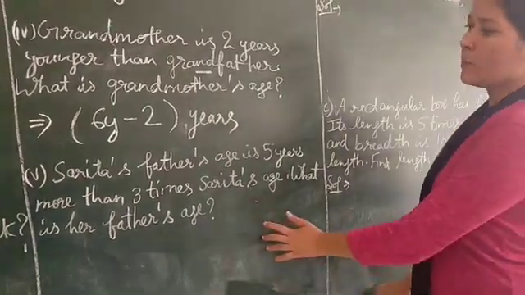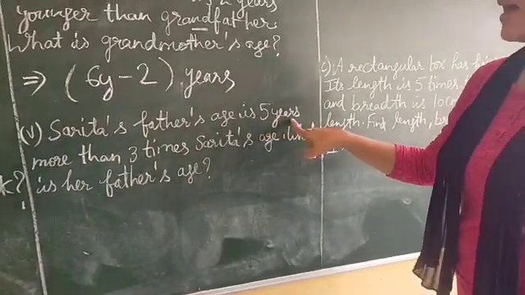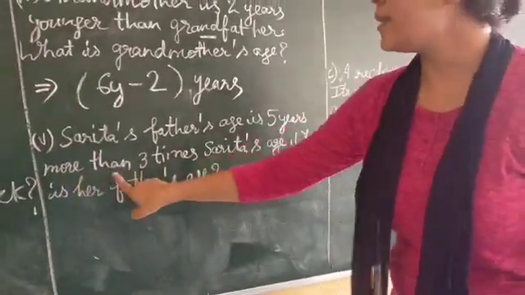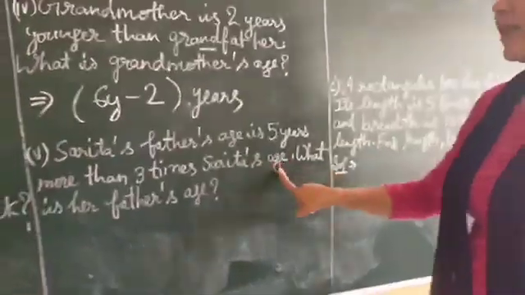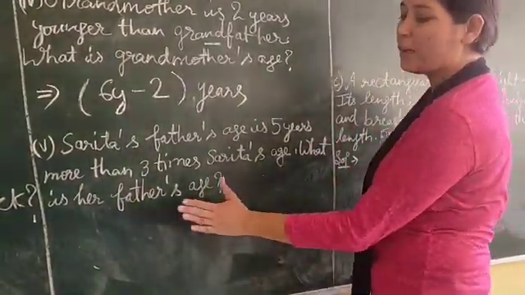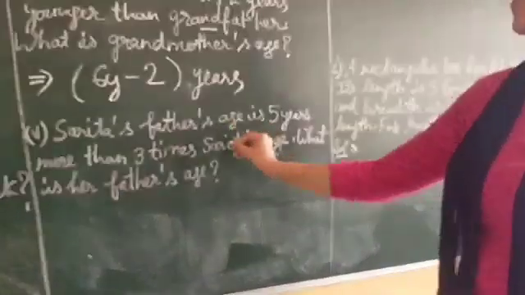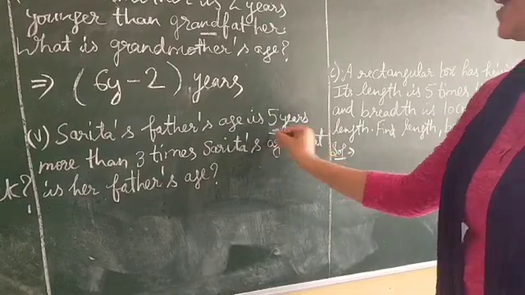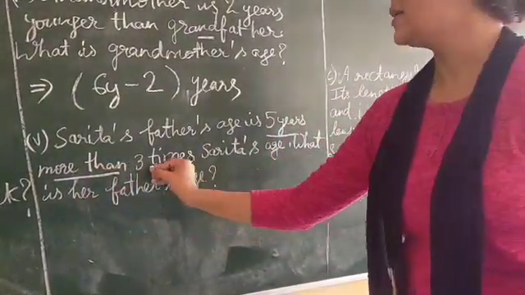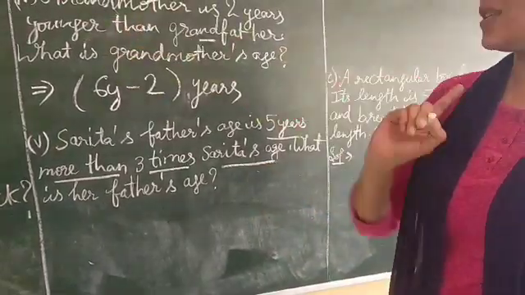Okay. Now fifth part is Sarita's father's age is 5 years more than 3 times Sarita's age. What is her father's age? Now you have to tell her father's age. For this he is saying Sarita's father's age is 5 years more than 3 times Sarita's age. Now what is Sarita's age? That is y years.